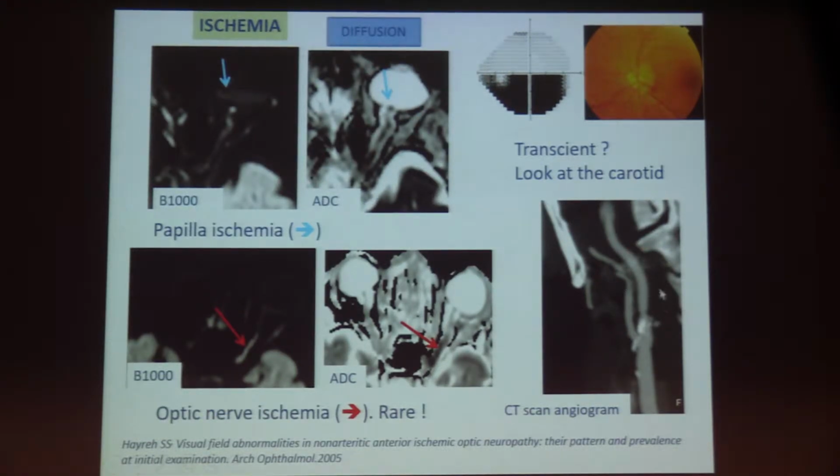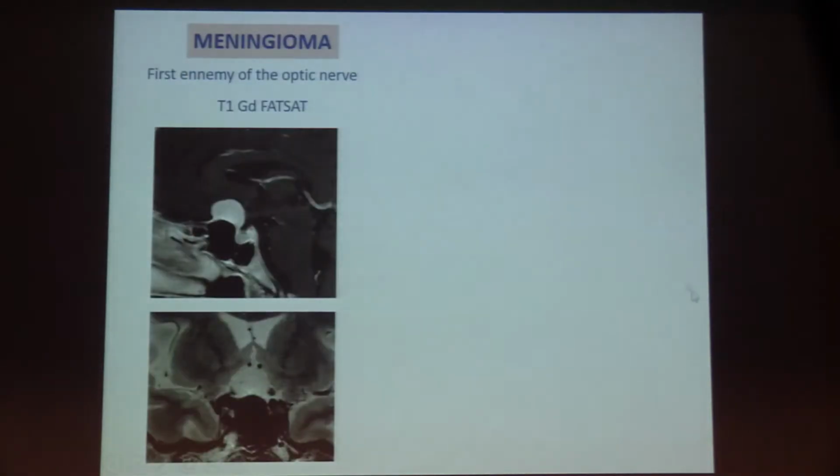And so the best way to see this stenosis, I think, is CT scan with contrast enhancement. It is better than ultrasound because ultrasound can't see the complete carotid artery. And it is better than MRI because on MRI, as you know, you can't exactly grade the stenosis.